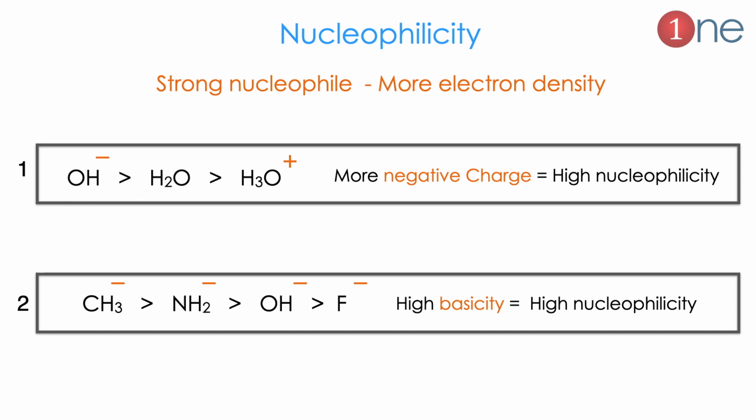The second one is that high basicity gives high nucleophilicity. Why? Because a basic molecule holds the negative charge much better. Here you can see that CH3 minus is the strong base, ammonia is next, water is third, and HF is very poor, because HF is an acid, so definitely its conjugate base will be very poor. So basicity is proportional to nucleophilicity.